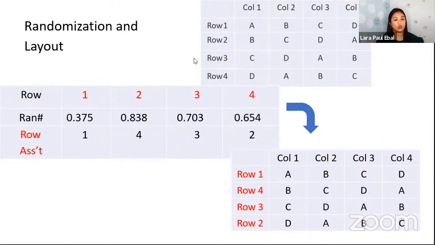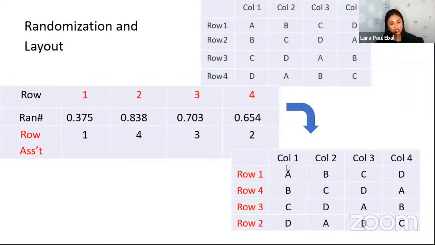Then what we do next is generate random numbers to have this arrangement for the row factor. If we generate random numbers, the smallest number here is 0.375, which has rank 1. Next, the second-lowest value is 0.654, which has rank 2. Then rank 3 and 4.